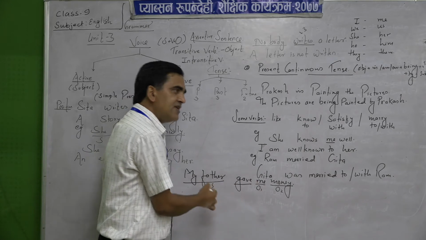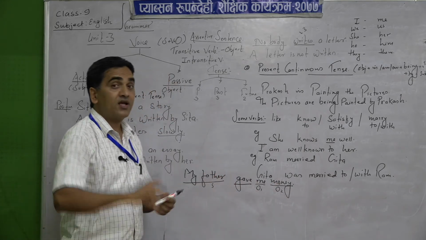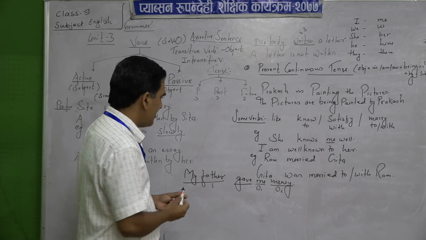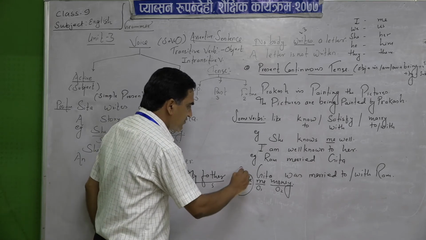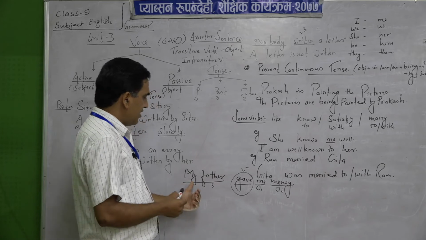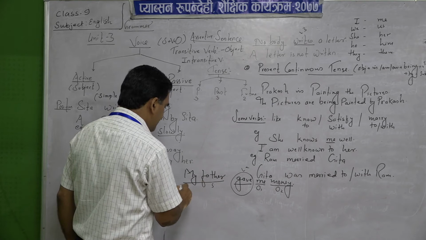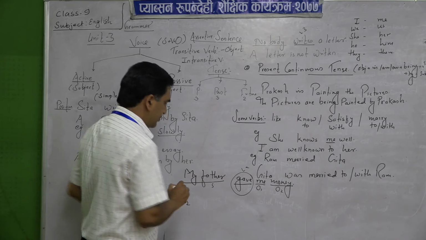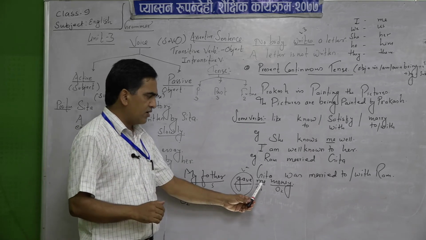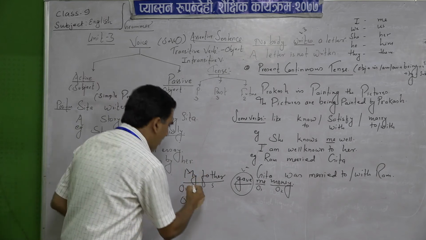So you can change the passive according to the first object or according to the second object. You can make two passive sentences here, my dear students. And this "gave" is in past form, V2. The subject here is my father. According to object 1, "me" should be changed into "I."